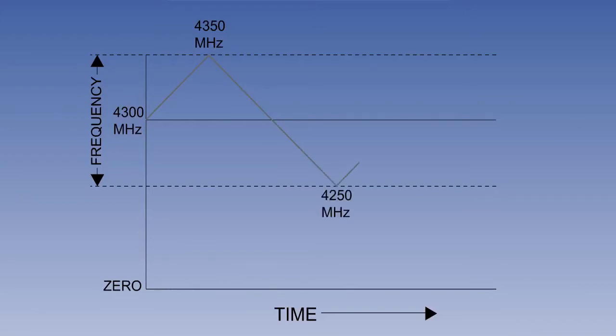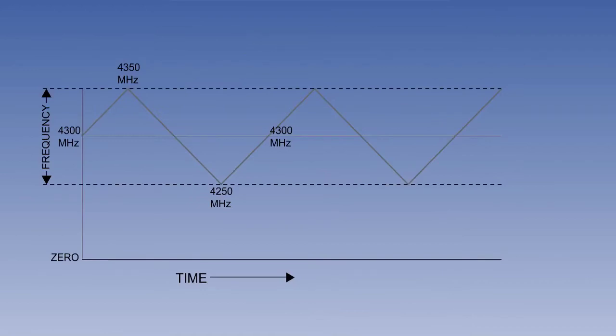Then again reverses immediately to increase linearly back to the center frequency of 4,300 MHz again. This is called one cycle of the frequency modulation, and it repeats itself in a continuous pattern. There are 300 of these cycles every second.